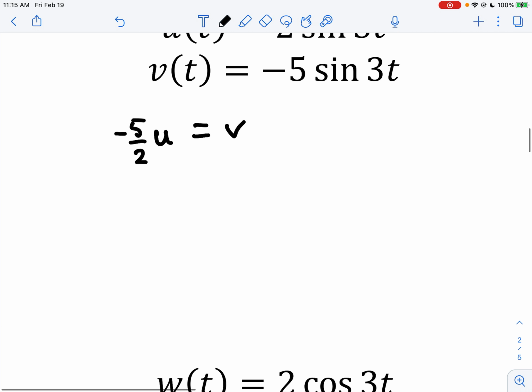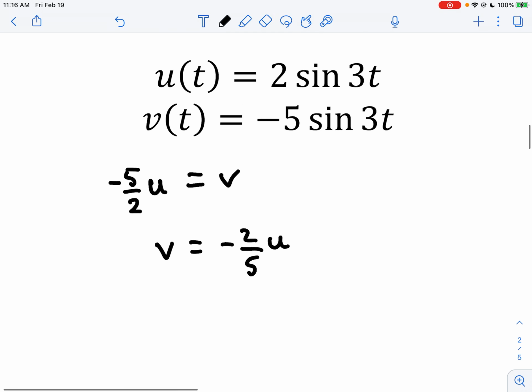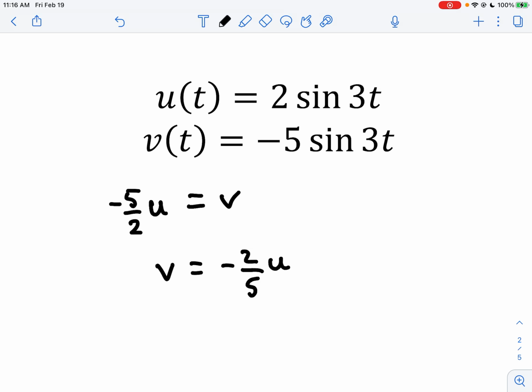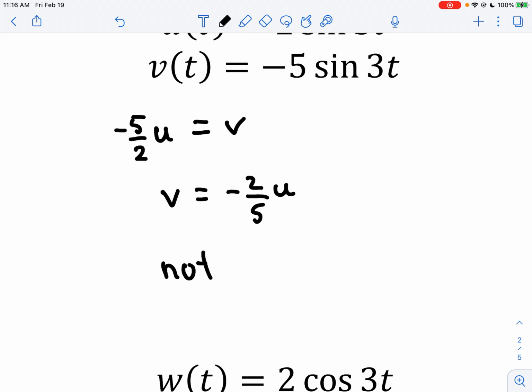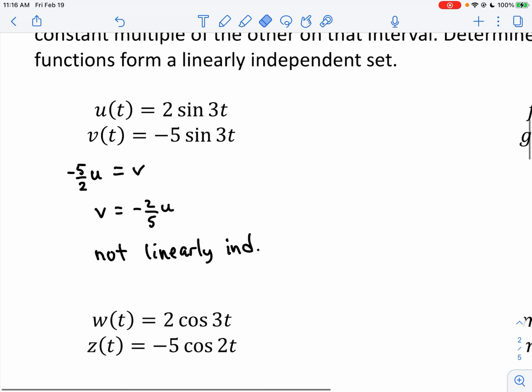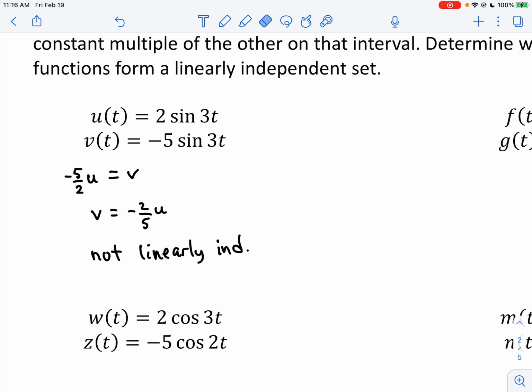Or you can see that the v function is going to be negative 2/5 of the u function. Right, take the v function and multiply it by negative 2/5, and you'll get the u function. So in this case here, we say that they're not linearly independent, because one can be multiplied to become the other.